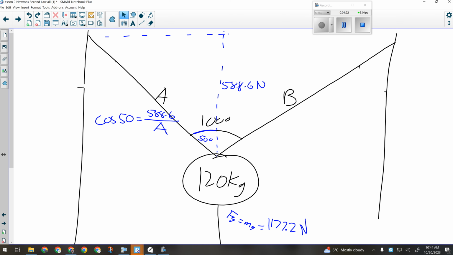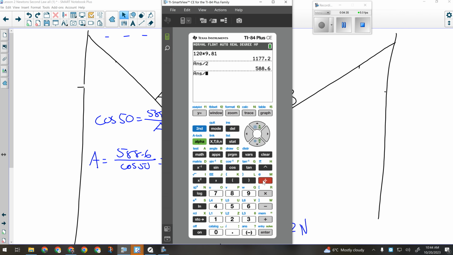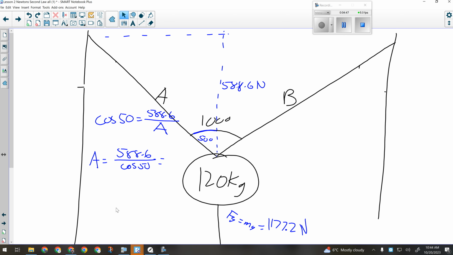So the tension in cable A is going to be 588.6 divided by the cos of 50. We have 3 significant digits in that question, so 916 newtons.